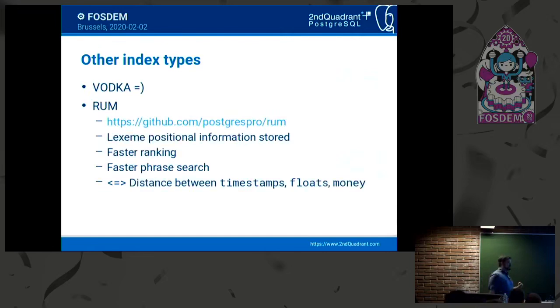And we also have RUM. RUM is currently maintained, and you can find it on that dodgy Russian website. It stores positional information for lexemes, which means that it can perform faster ranking, because our indexes are not that useful for ranking, and faster phrase search because you're looking for consecutive things. It also stores distance between timestamps, floats, and money. So these operations with this operator become very fast.